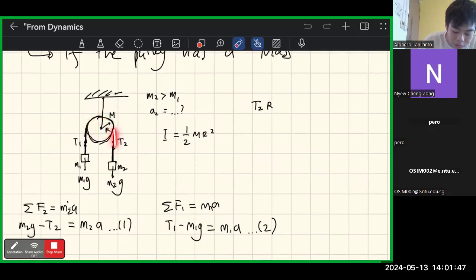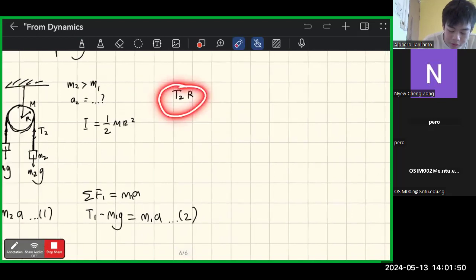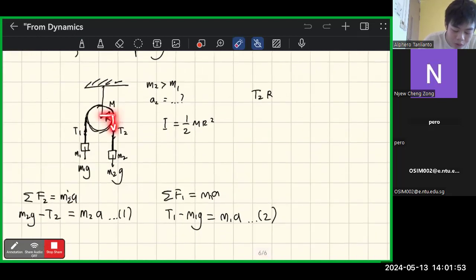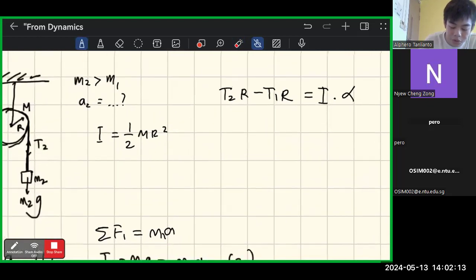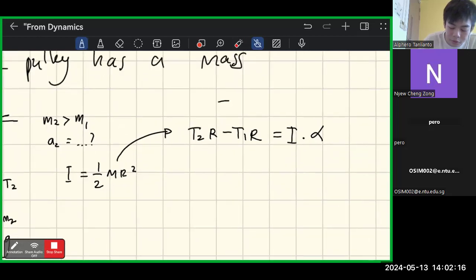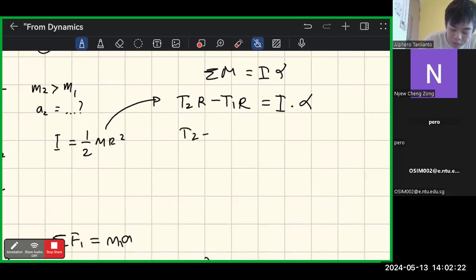clockwise, the moment that is clockwise is positive, and the moment that is anti-clockwise is negative. Why is the moment of T2R positive here? Because it's rotating the pulley clockwise. But the moment from T1 is negative T1R because it's rotating the pulley anti-clockwise, equals the moment of inertia times alpha. So the sum of moments equals I alpha: T2 minus T1 times R equals half of mr squared times alpha.